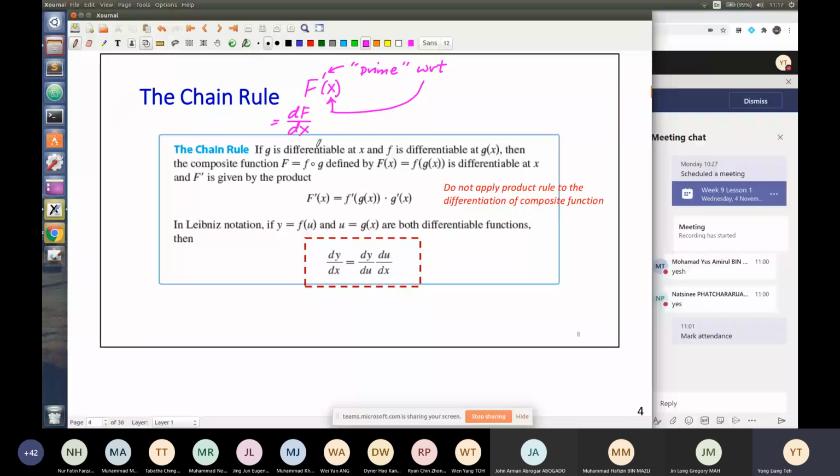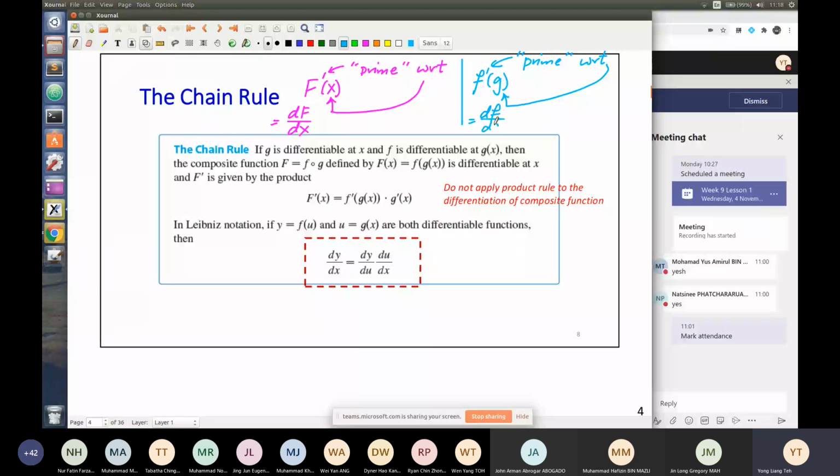However, if you look at this second term, as I mentioned just now, this is f prime g. Once again, the prime here is with respect to g, the independent variable g. You must treat g as your input variable now. So now this f prime g is actually df dg.